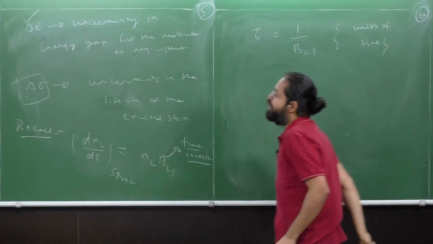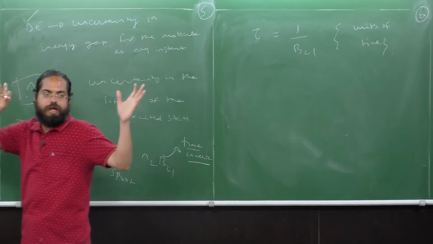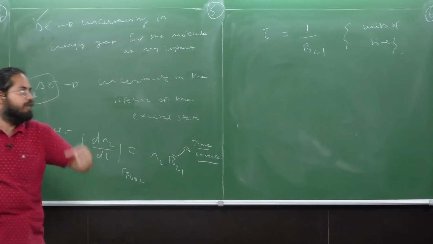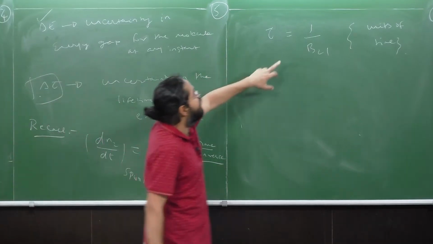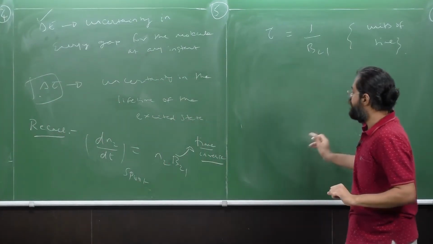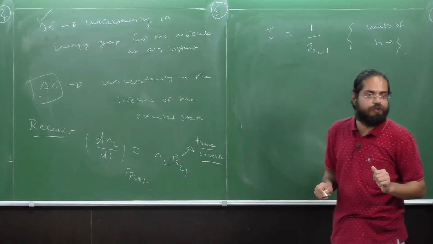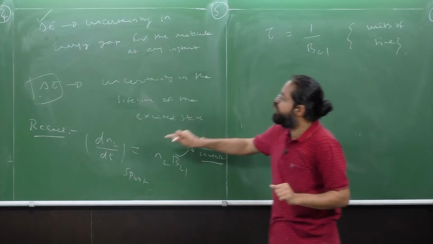So the delta E, you can measure using various formulae, and also from the spectrum itself. And tau, one way to get it is as the reciprocal of your Einstein spontaneous emission coefficient. So this is how you get delta tau.